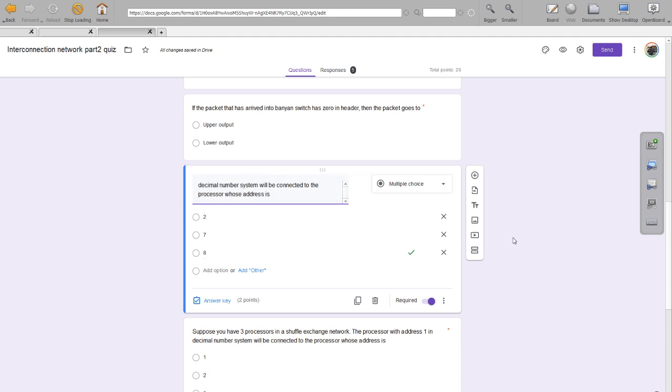The processor with address 1 in decimal number system will be connected to the processor whose address is, now you are given options, 2, 7 and 8.